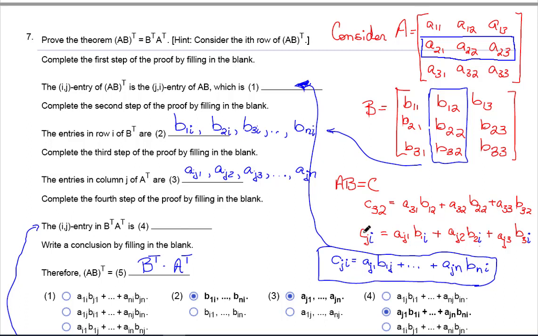So the Cjth item, well, let's see, J was the row in A. All right, so each of these is a J, and then you go down the particular column in A. And so Cji would look like the following.